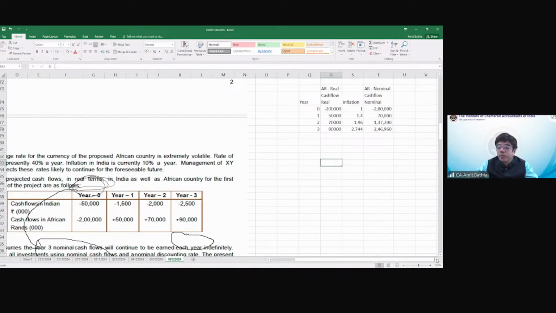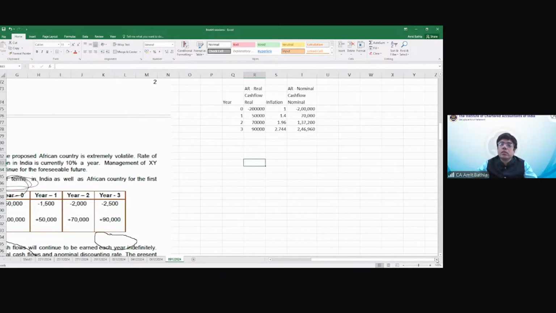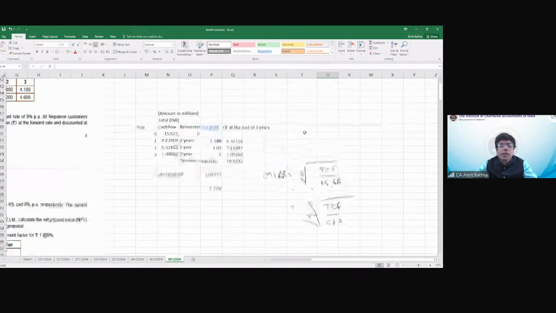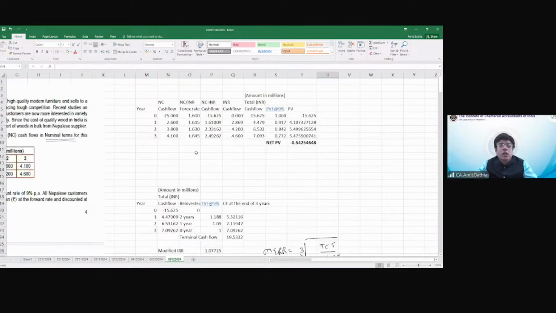So far, so good, everyone? Now that I have got the nominal cash flows over here, just like in the previous question, once we have the nominal cash flows available, I can use the forex rate to convert that into INR cash flow and then add the INR cash flow into it.